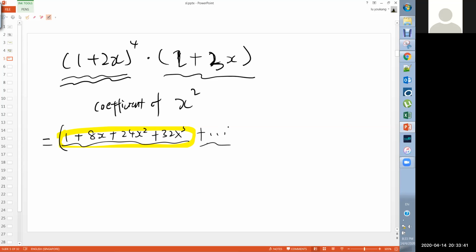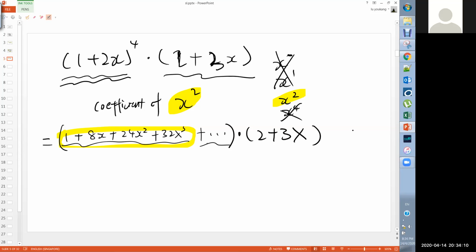Basically you use a bracket, times this. Now the question wants what? The question wants x to the power of 2 only. So basically you have x to the power of 0, 1, 2, 4 or 5. The question only wants x to the power of 2. The rest, not interested.